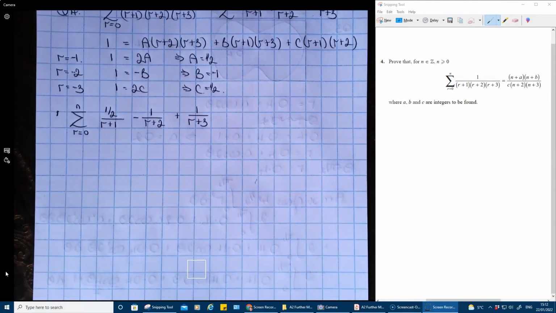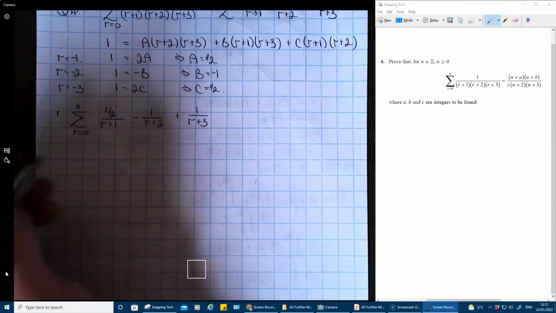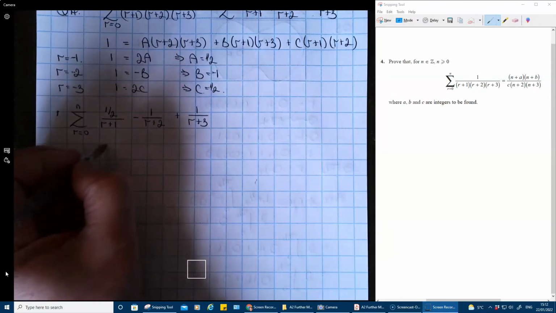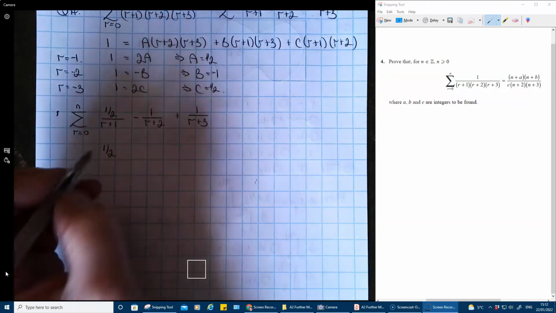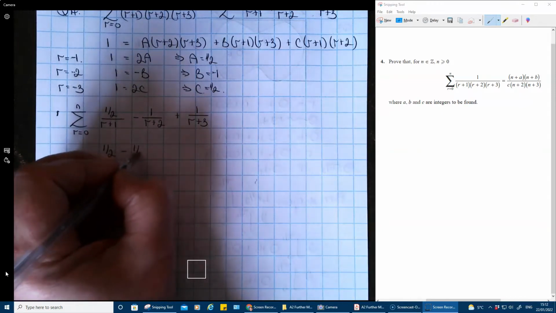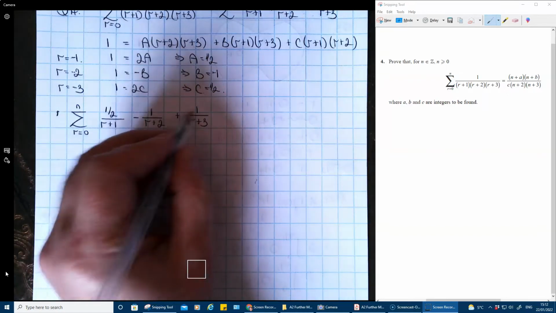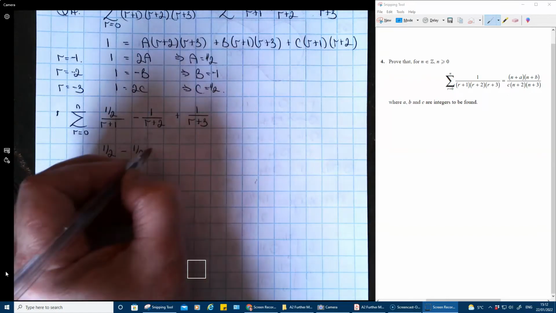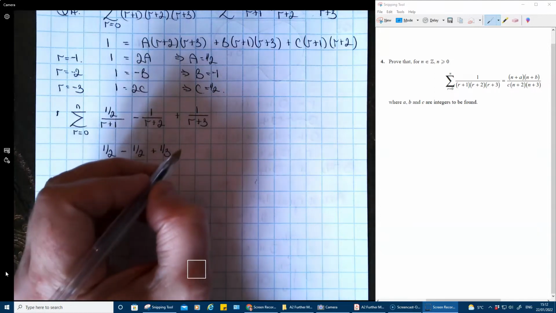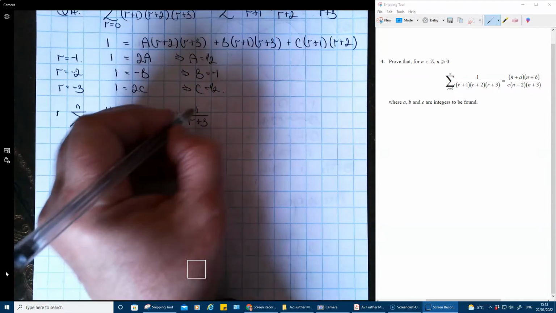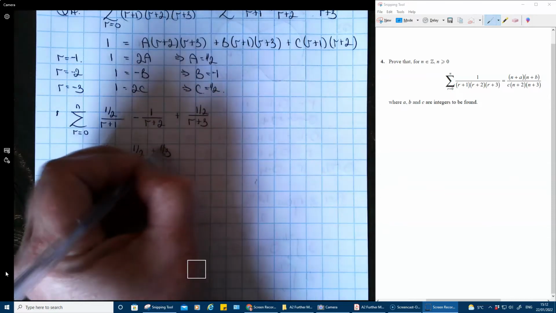Okay, let's plug numbers in then. I put 0 in, I get a half, take away a half, plus a third. Oh, sorry, this is a sixth here, isn't it? Apologies.